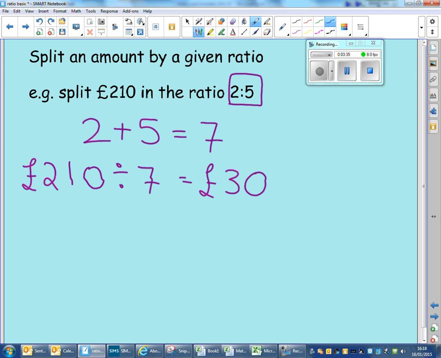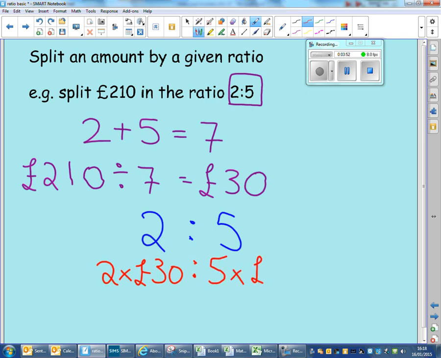The next step we do after that is to say if we're in the ratio of 2:5, I want 2 lots of 30 on this side, and on this side I want 5 lots of 30. So what will this give me? Final answer gives me 60 to 150.